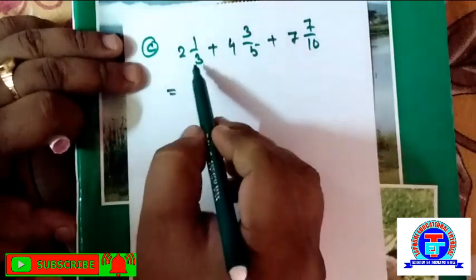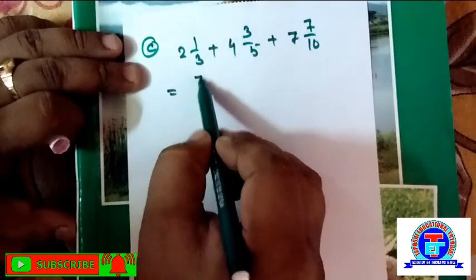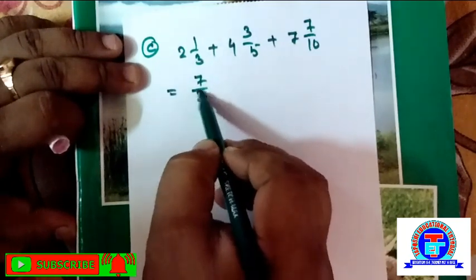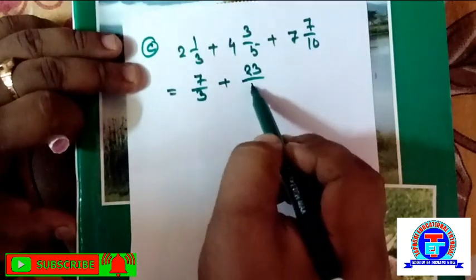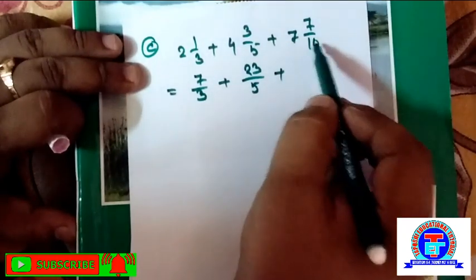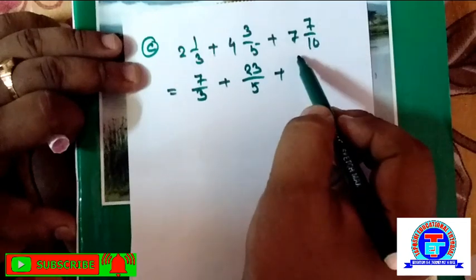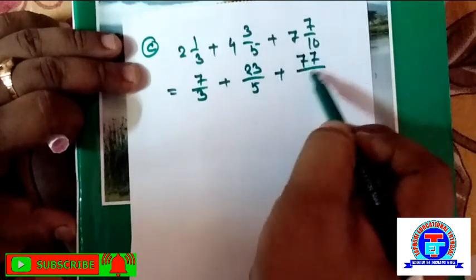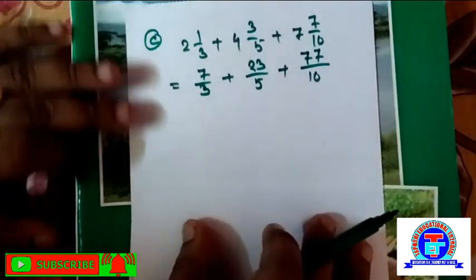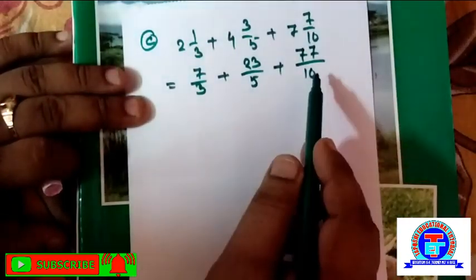So we write here 7 by 3 plus 23 by 5 plus 77 by 10. Now we do LCM of 3, 5 and 10.